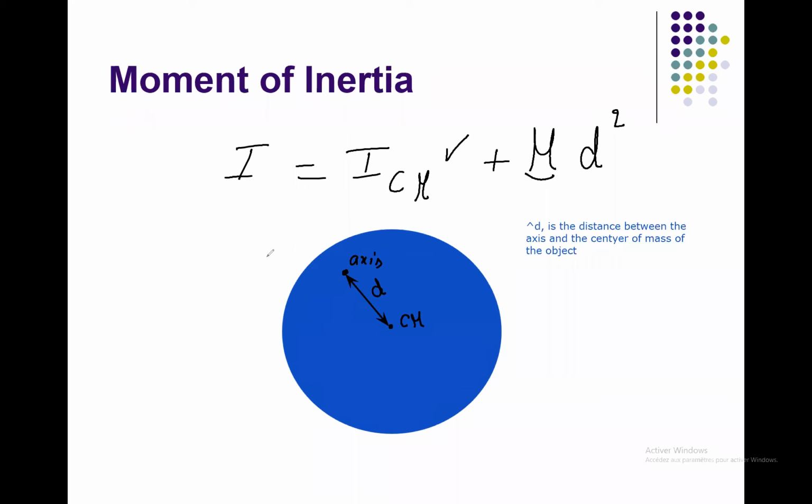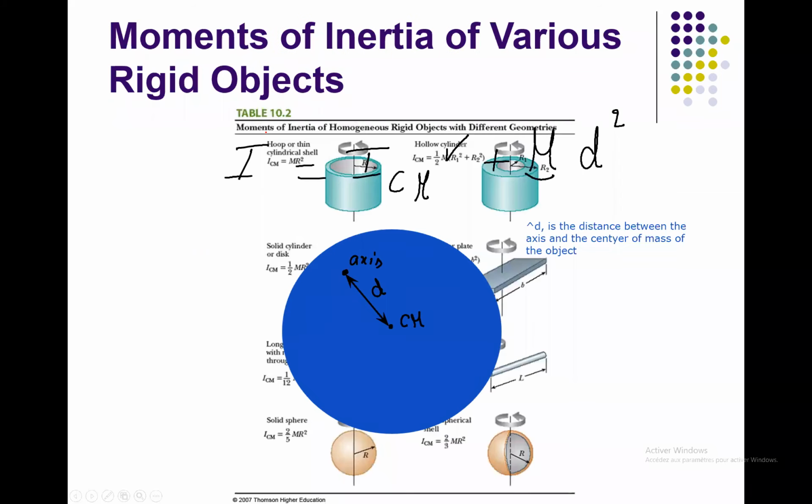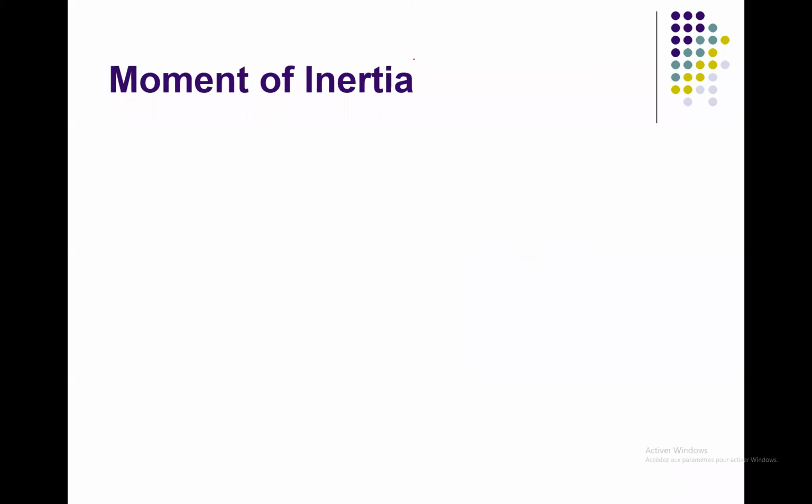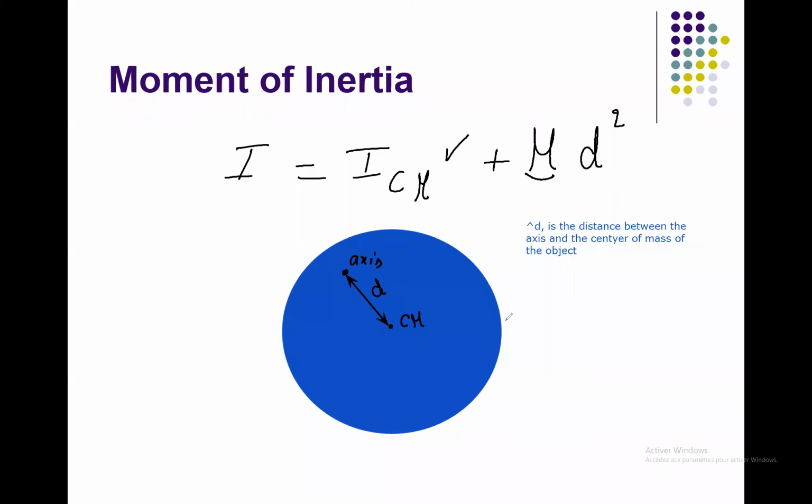so I_cm is given. In the case of a disk, we have I_cm equals half m r square.